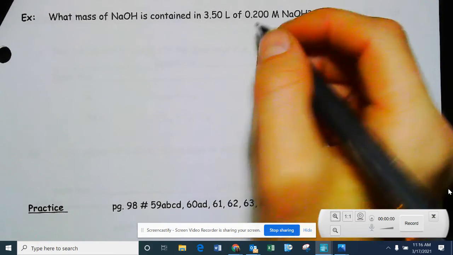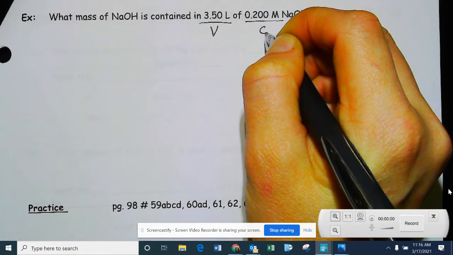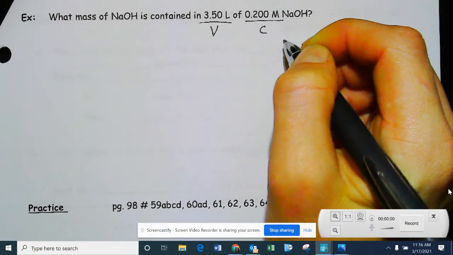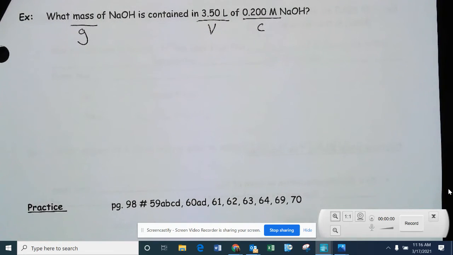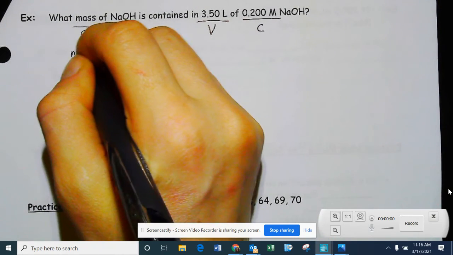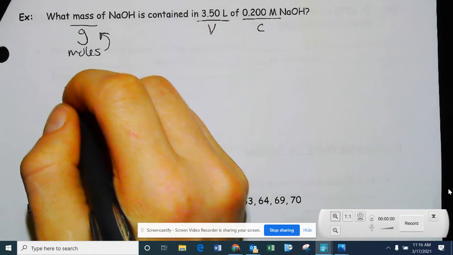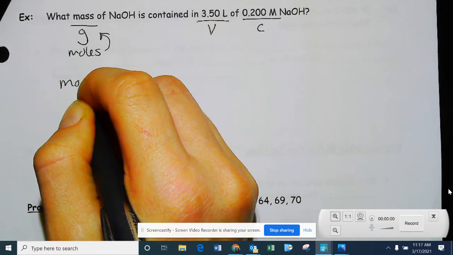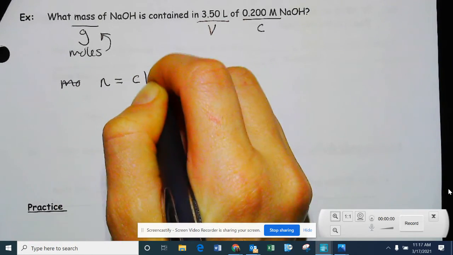So for this one, we have got volume, we've got concentration, we are looking for mass in grams, which we're going to need to get to from having moles. So moles, and then we're going to need to go to grams. So I'm going to go moles, or I guess N rather, equals CV.